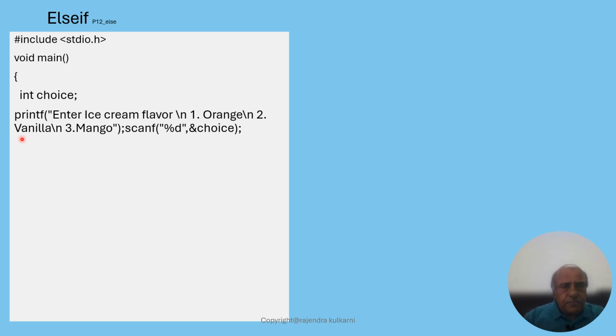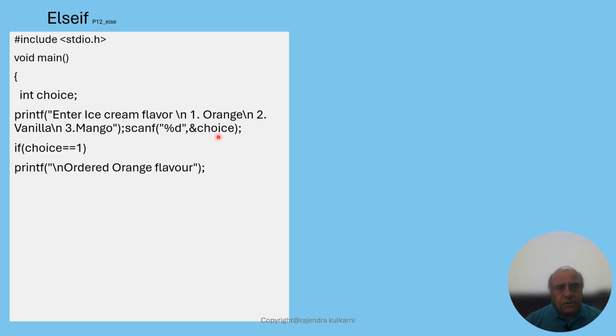A small program. Choice is the variable declared. The program is asking the user to enter his choice for the ice cream flavor. If he enters 1, it's orange, 2 for vanilla, 3 for mango, and that choice is being assigned to variable choice.